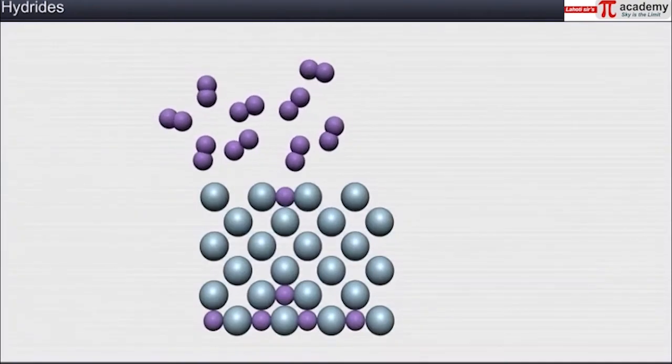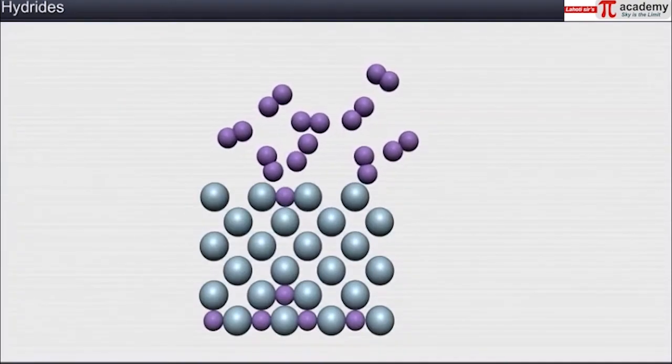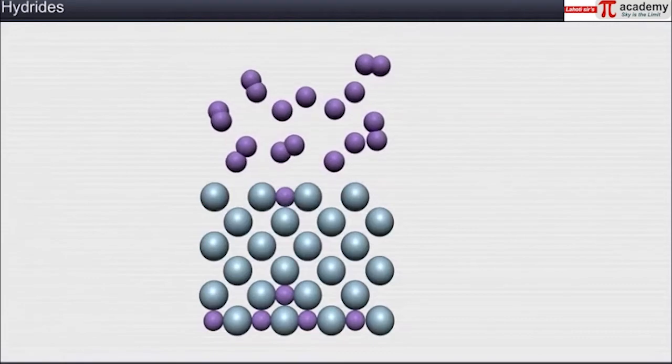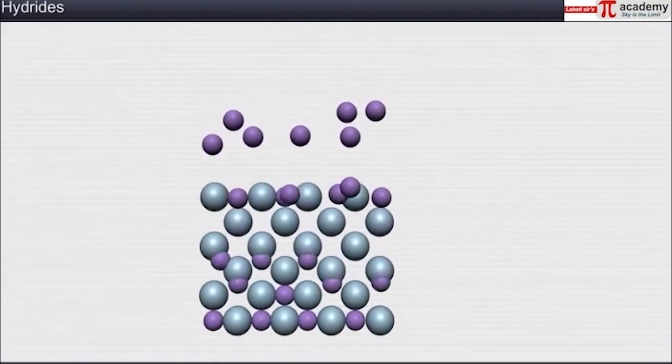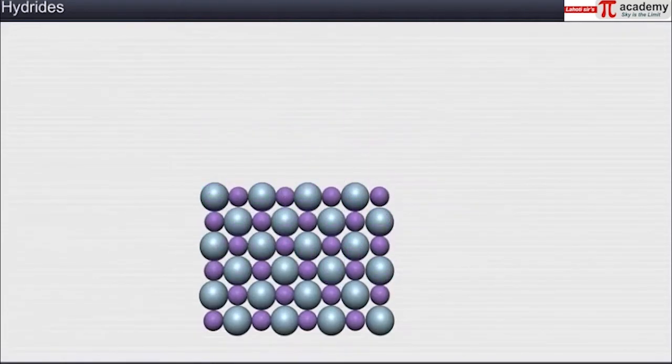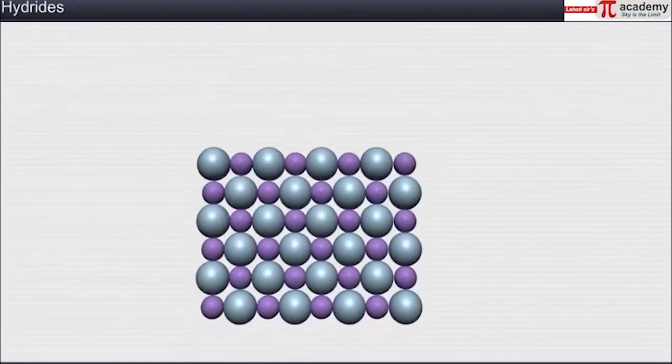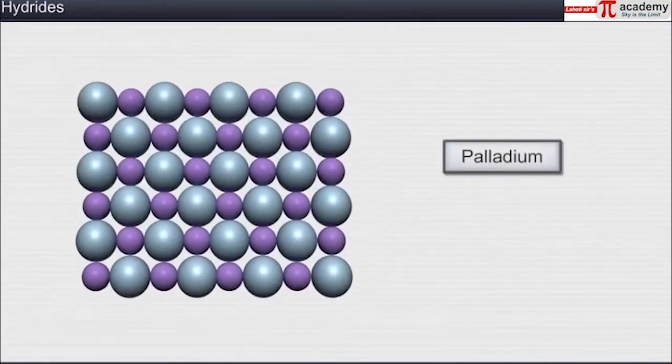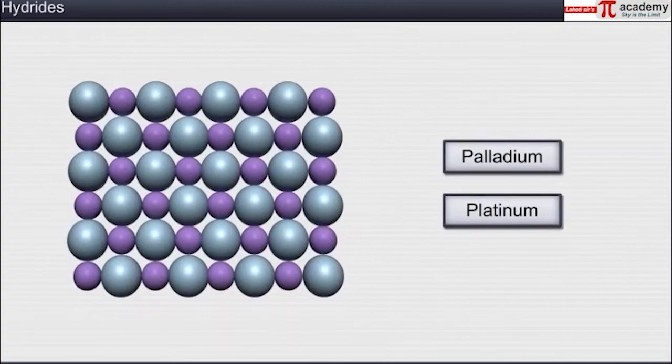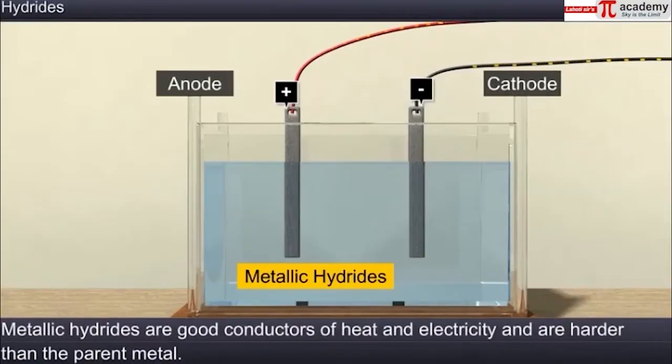The property of absorption of hydrogen on transition metals is widely used in catalytic reduction and hydrogenation reaction in the preparation of a large number of compounds. Metals like palladium and platinum can accommodate a very large volume of hydrogen and can be used as media for its storage. Metallic hydrides are good conductors of heat and electricity and are harder than the parent metal.